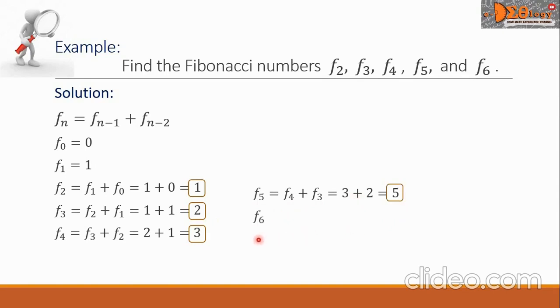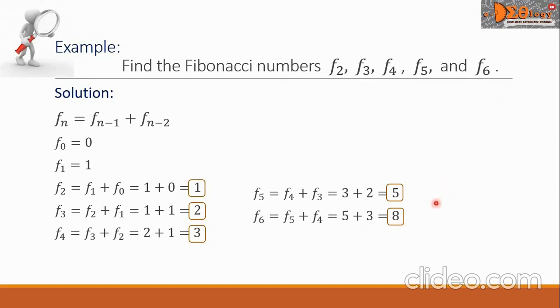Then the f sub 6 is equal to f sub 5 plus f sub 4. F sub 5 is 5 plus f sub 4 is 3. So the sum is equal to 8. This is our f sub 6. We are now complete with the values required.